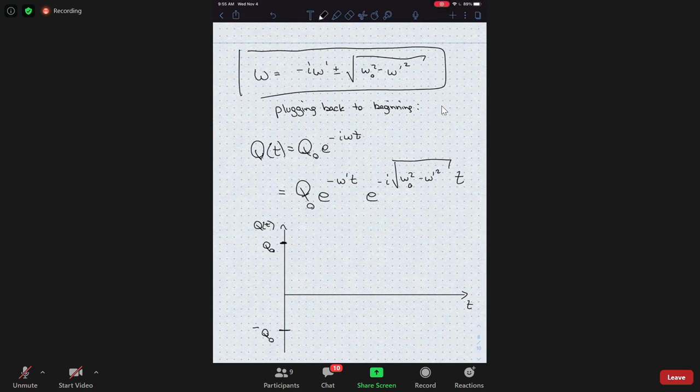What's going to happen is this term here will oscillate forever, but this is just an exponential decay. So what you're going to get is something like this. It's going to decay on both sides. And that's what happens when you introduce a resistor, because some of that energy gets sapped off with every oscillation until eventually it goes to 0.